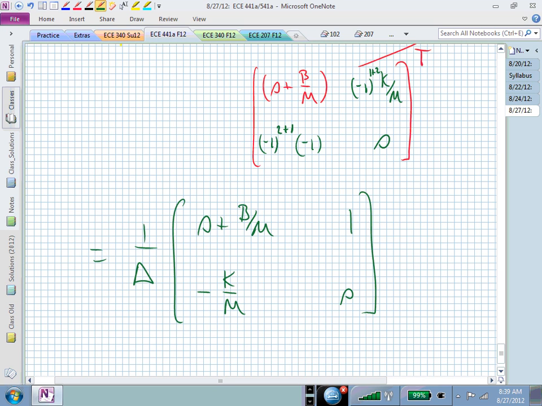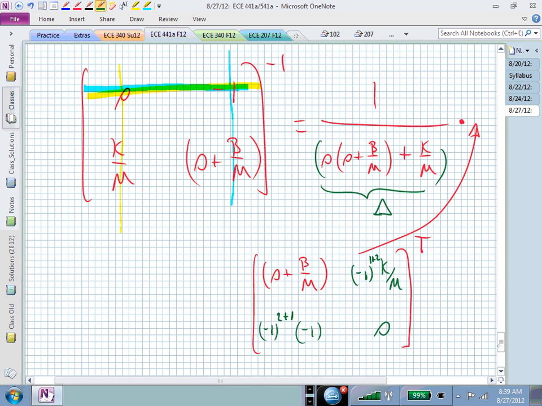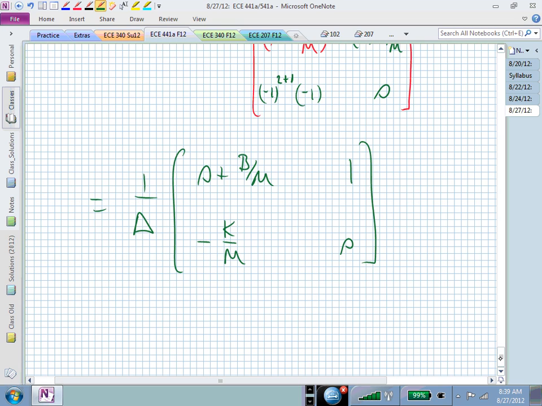Meaning this matrix was just the original matrix that I was trying to invert if I just flip-flop the diagonal pieces and change the sign of the off-diagonal. And now I have my adjoint matrix, and I divide that by the determinant, and that's my inverse of that matrix.